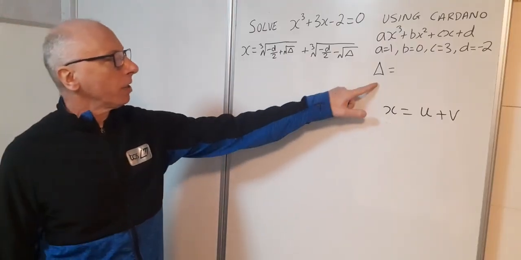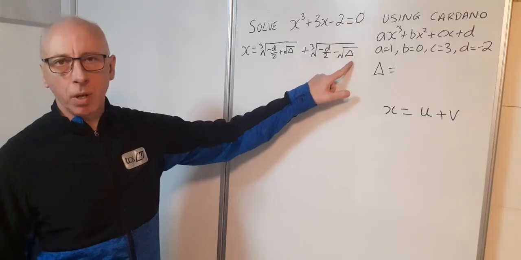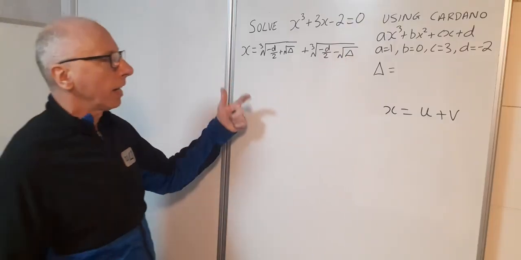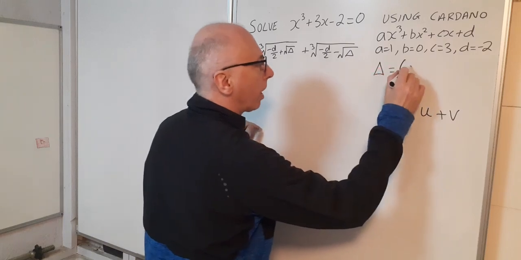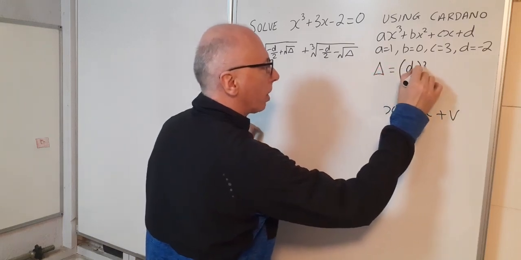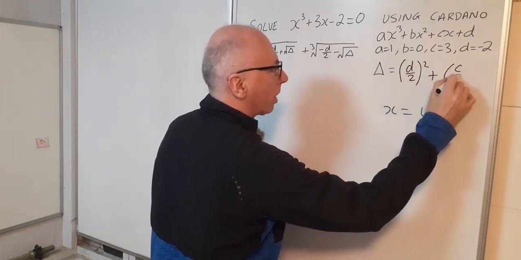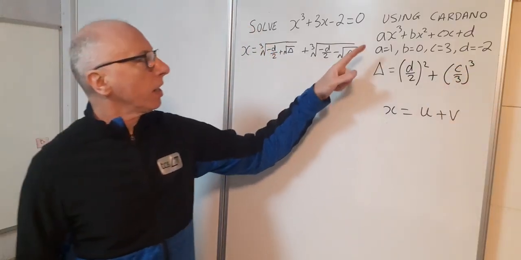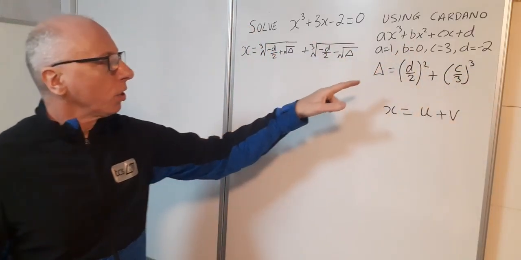That's going to be useful when I come to find my complex solutions. So here my discriminant, I want this to be at least a positive real number. So let's work out how we find that. Here I need d over 2 squared plus c over 3 cubed. Now the d and the c come from the format of my cubic equation.